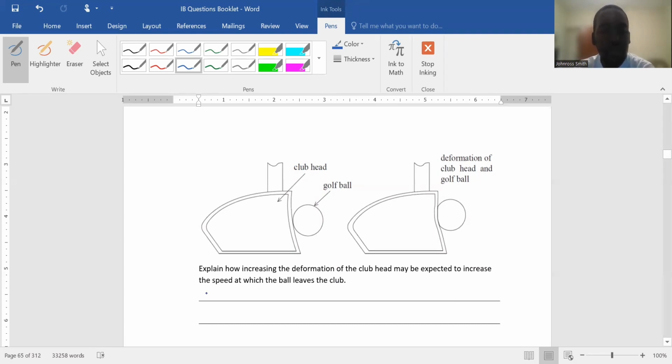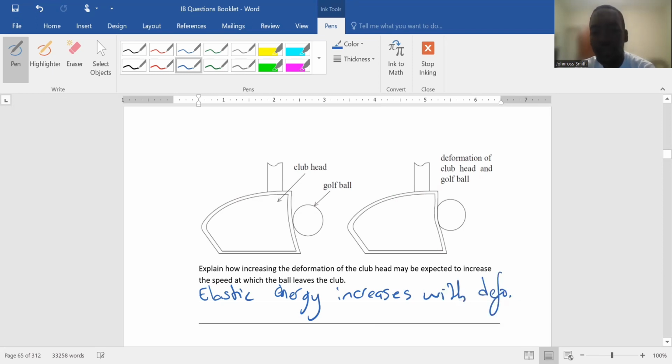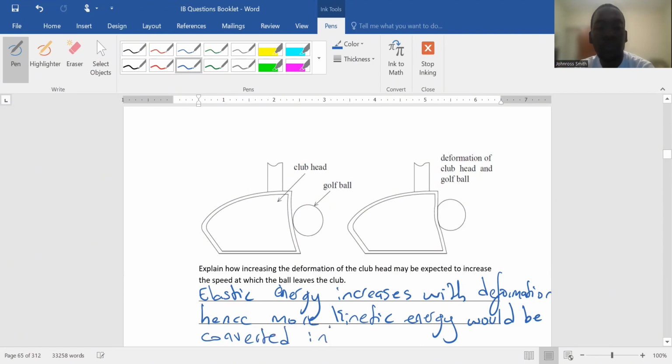So we know that the elastic energy increases with deformation, hence more kinetic energy would be converted into.